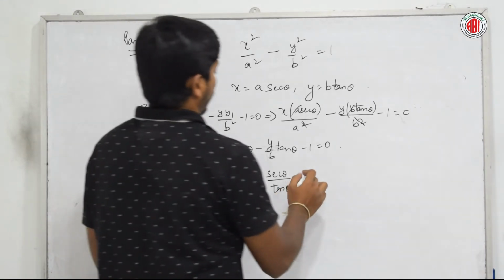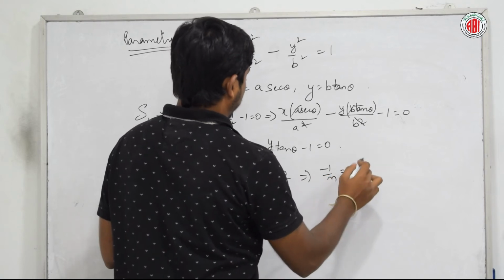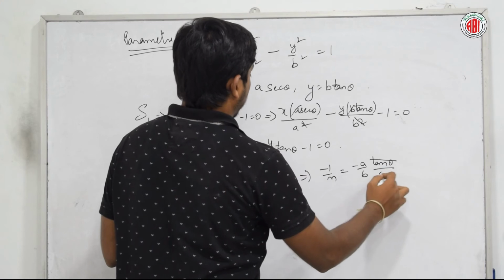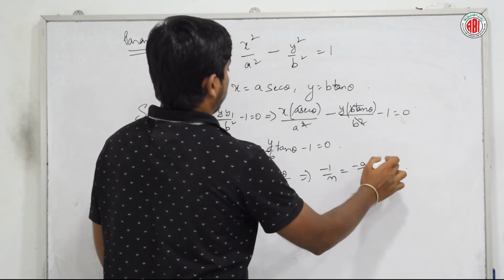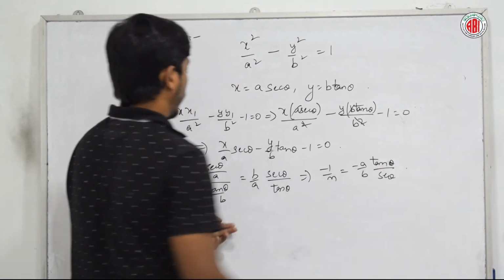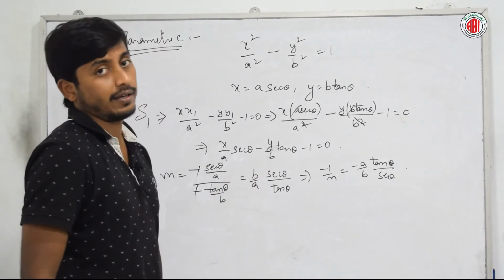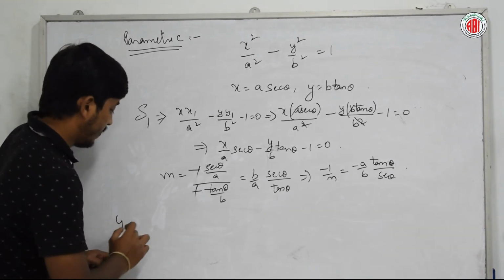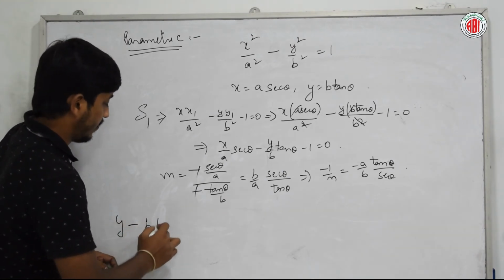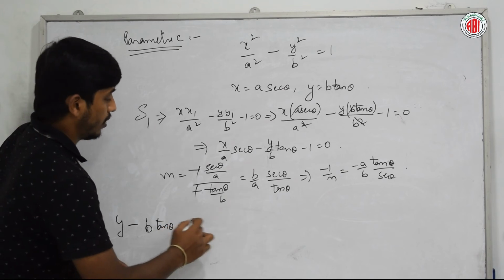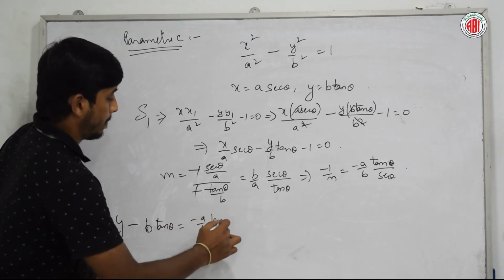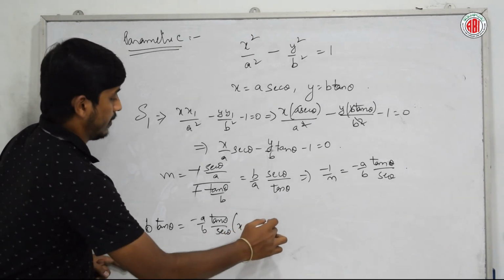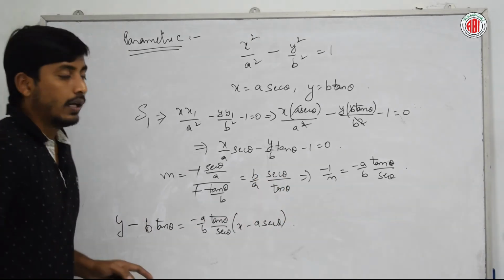What is the perpendicular slope here? Minus 1 by m is minus a by b tan theta by secant theta. Now just tell me what is the equation of normal. y minus y1 is equal to m into x minus x1.